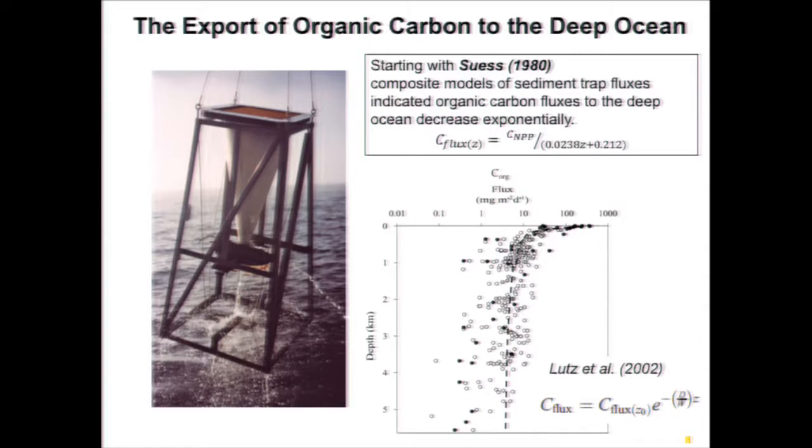Of course, there's been a lot more data added, and a lot of this in this figure came from the JGOFS program. And so we've had revisions of these exponentially decreasing relationships, but the general model stays the same, and the thought that carbon drops off as a function of depth and degradation rate and settling rate of particulates.